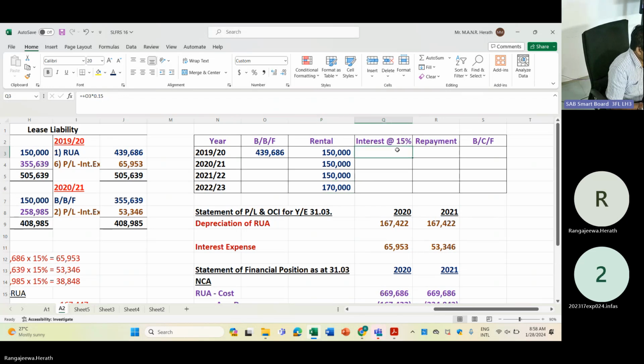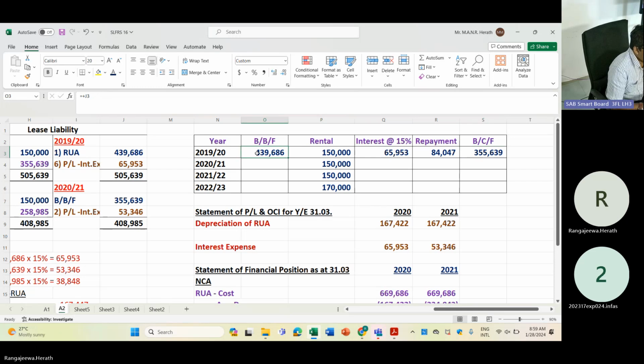Interest is 15%. On this opening balance, this balance into 15. Then from the rental, you deduct the interest, you can find the repayment. 150 minus 65. So you can find the year-end balance.